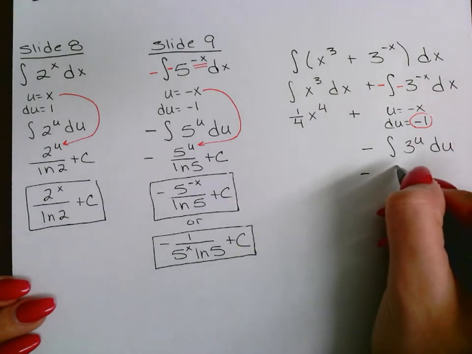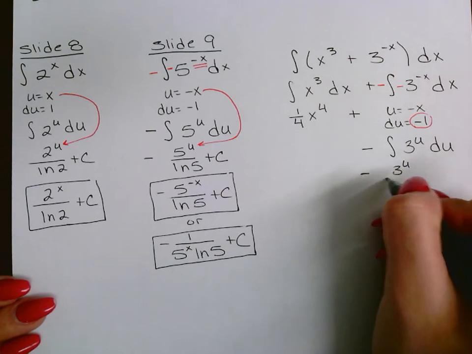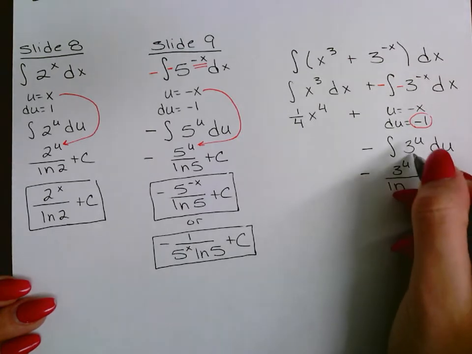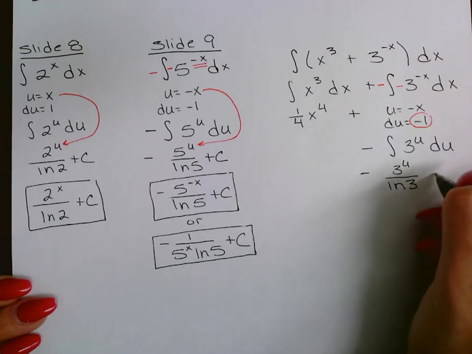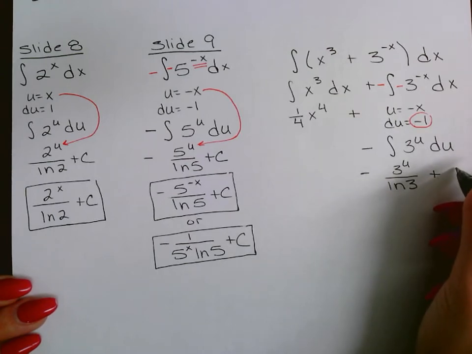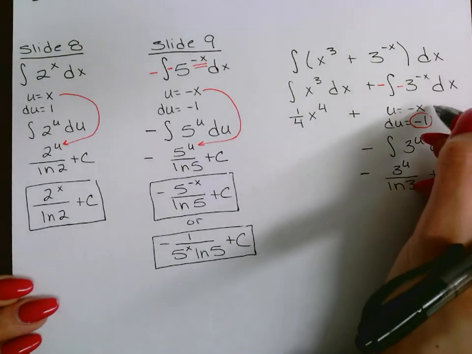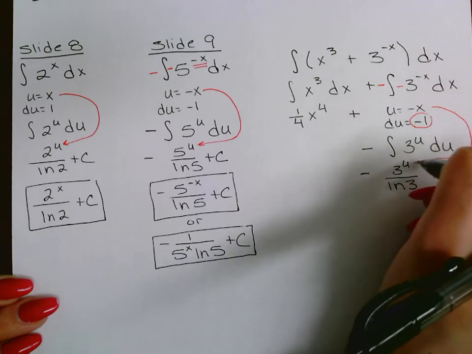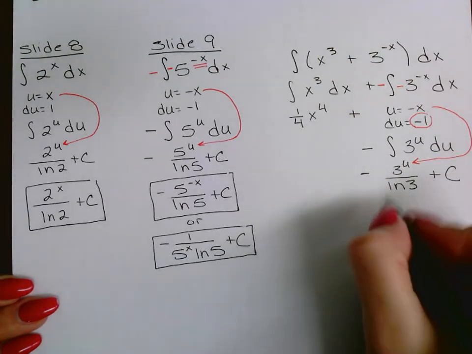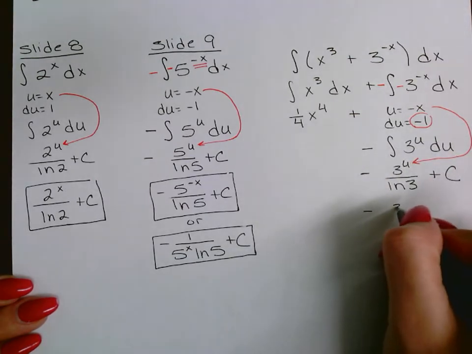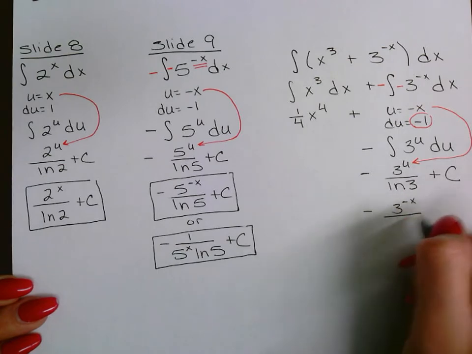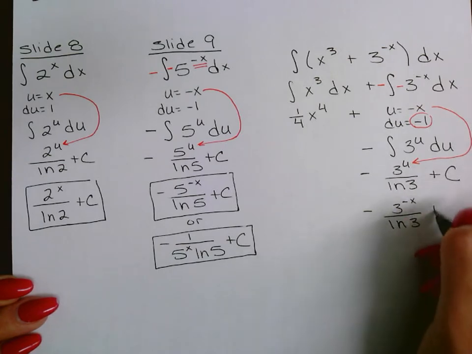Antiderivative of e to the u, excuse me, of a to the u is to rewrite over ln of that base, which is 3. So now our next step is to bring that u back in. And I have negative 3 to the negative x over ln of 3 plus c.